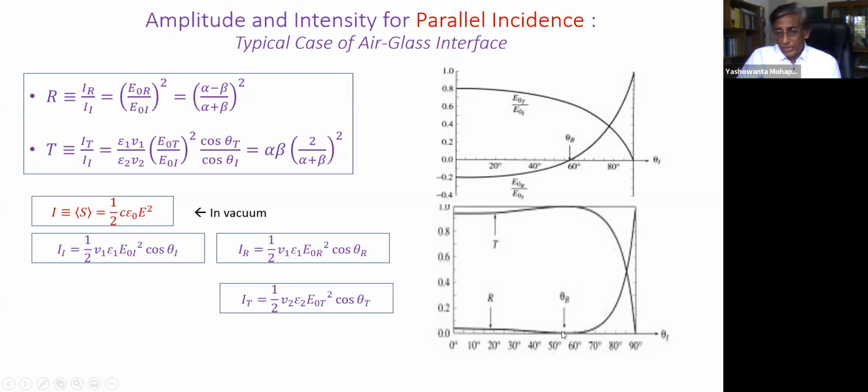At the Brewster angle, the reflected quantity is 0 and transmitted is 1. Since there is reflection, transmission is smaller, and of course R plus T is equal to 1. So this is a calculation for an air-glass interface with glass n equal to 1.5. But given these equations, it can easily be done for any particular pair of dielectrics.